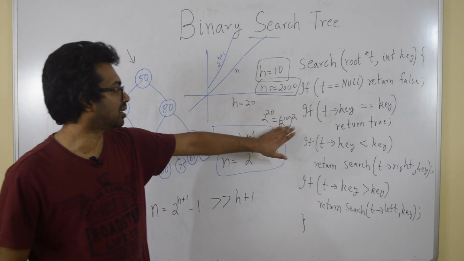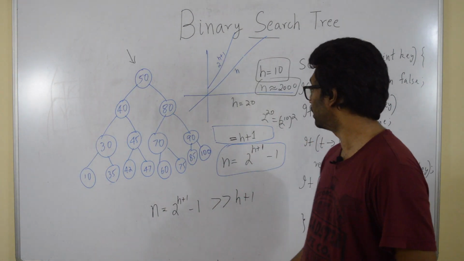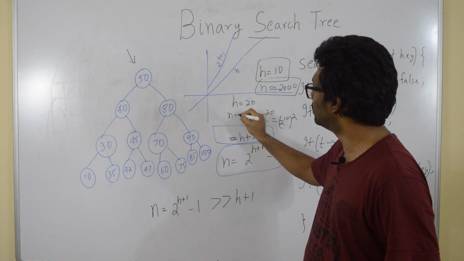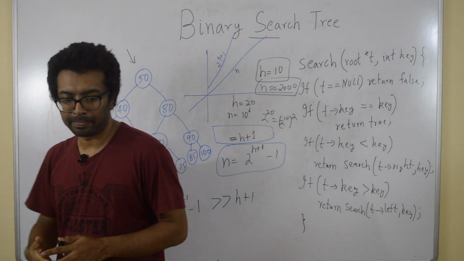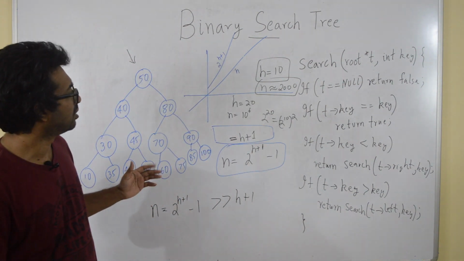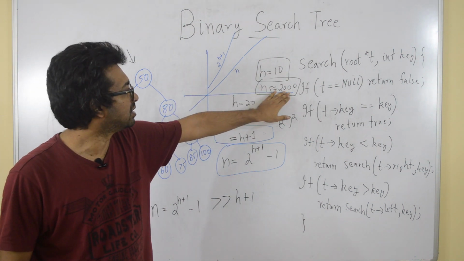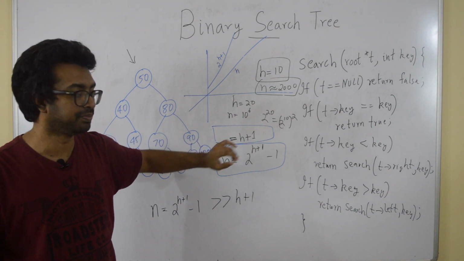And 2 raised to 10 is 1000, so this is 1000 squared, which is approximately 10 raised to 6. So this is h and this is n equal to 10 raised to 6. You see how fast it's growing. When h is 10, n is 2000. Here h is 20 and n has already become 10 raised to 6.